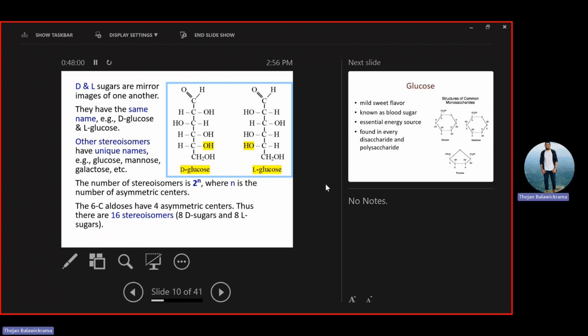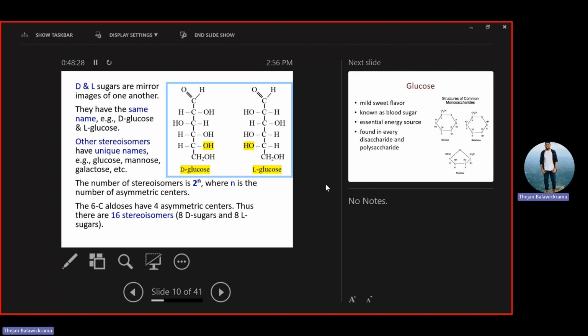But is this the only chiral carbon atom in this molecule? We know a chiral carbon atom is a carbon atom with 4 different groups. So what I'm asking is, is this the only carbon atom with 4 different groups around?